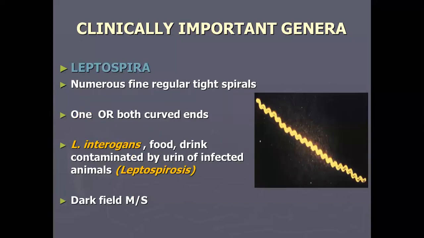The next genus is the Leptospira. Now, if you look at this, you can really differentiate the configuration or coiling pattern of the Leptospira compared with that of the Treponema and the Borrelia. Borrelia are larger. Treponema are evenly coiled, but thin. And this organism has numerous fine, regular, tight coils or spirals.